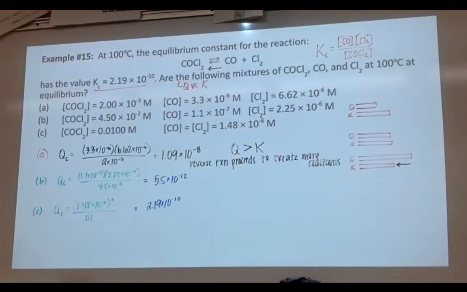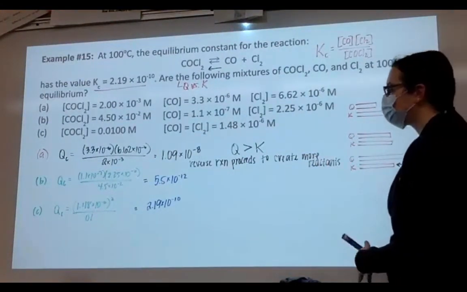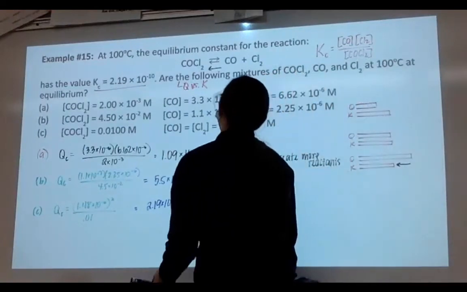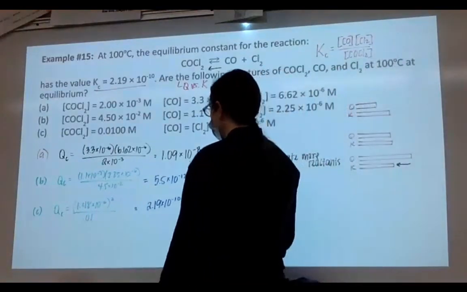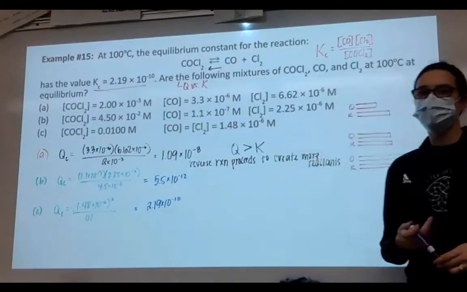In B and C, you're just calculating QC. Again, it's calculated the same way as KC, but it's Q because we don't know if we're at equilibrium. So for part B, when you calculate QC, you should get 5.5 times 10 to the negative 12.